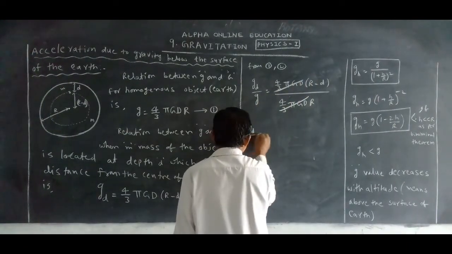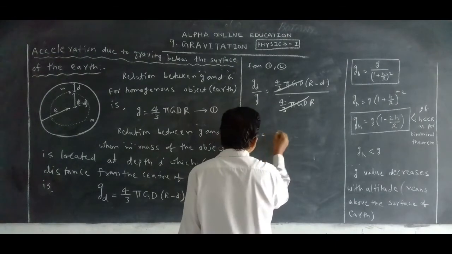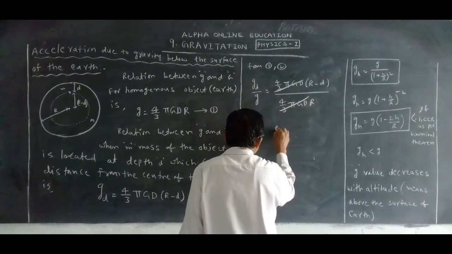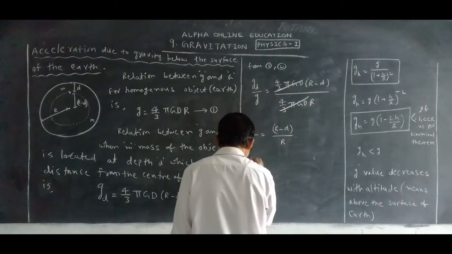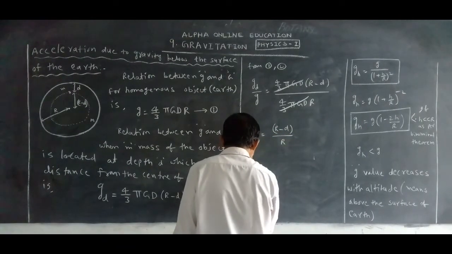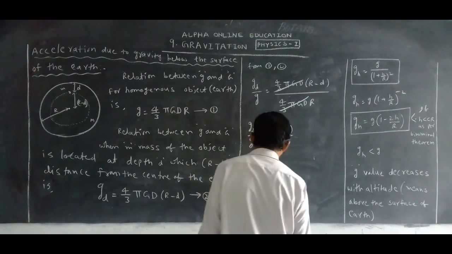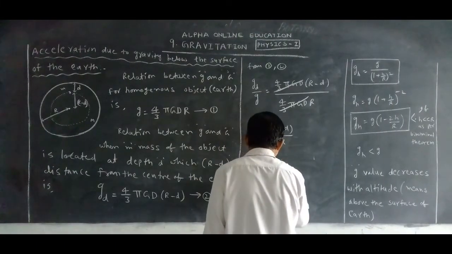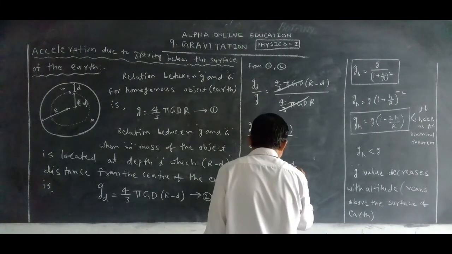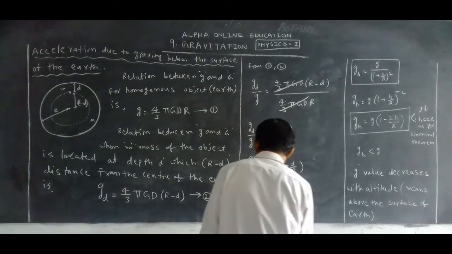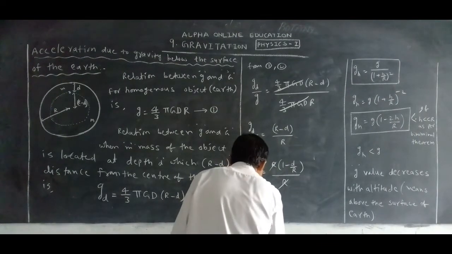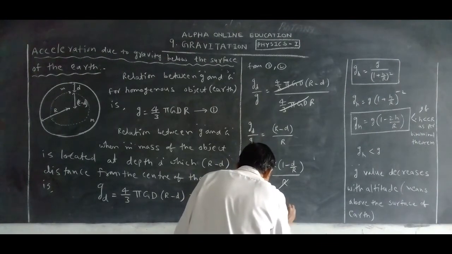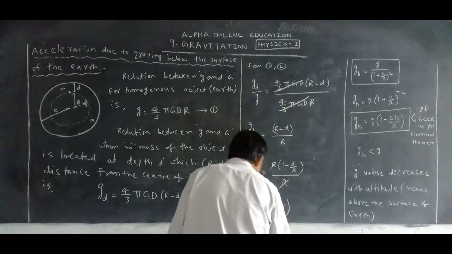So g_d by g is equal to, it is depth, (R minus d) by R. Taking R common, g_d by g is equal to 1 minus d by R, R cancels.